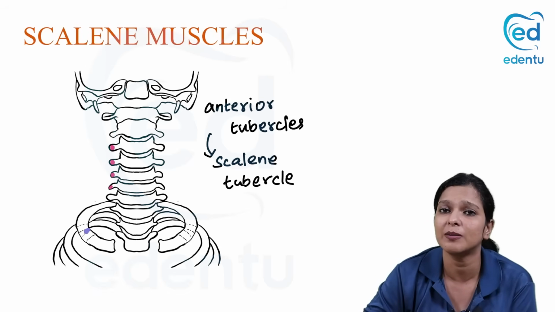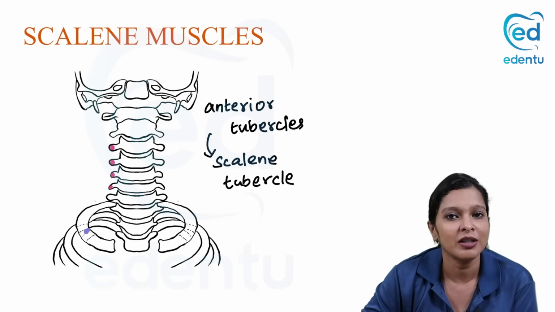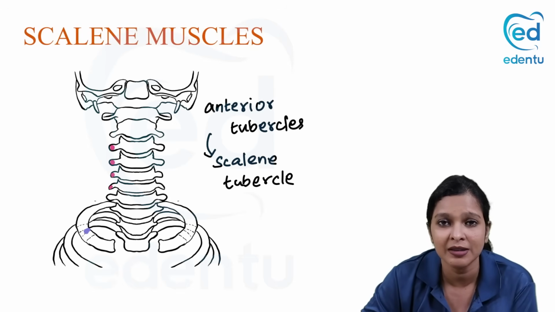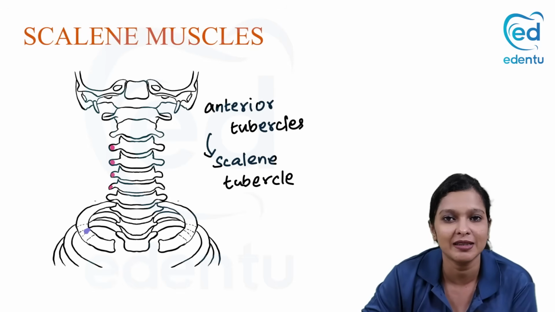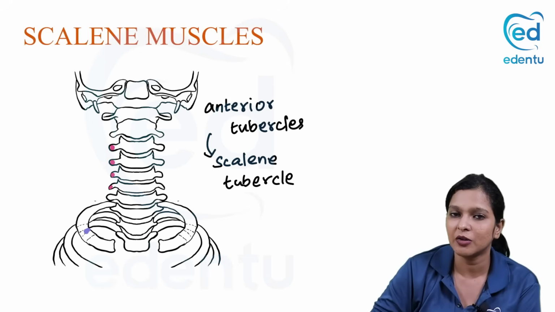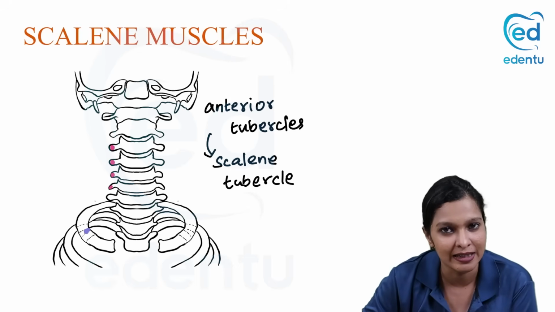So what were all the muscles present in the prevertebral region? Longus colli cervicis, then the longus capitis, and then 2 rectus capitis, anterior and lateralis. First we'll look at the origin and insertion of scalenus anterior muscle.